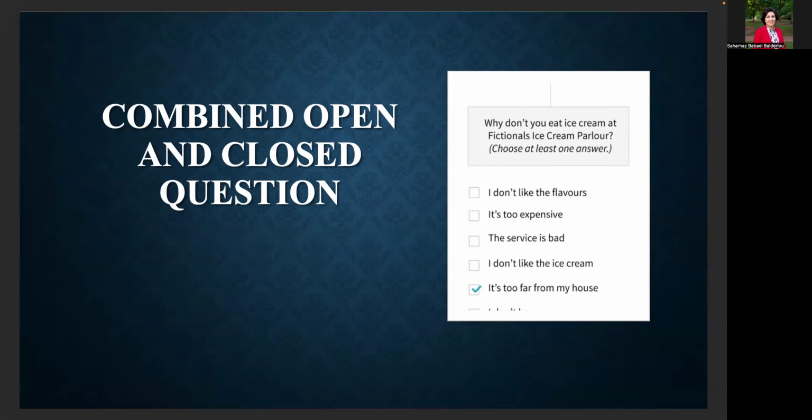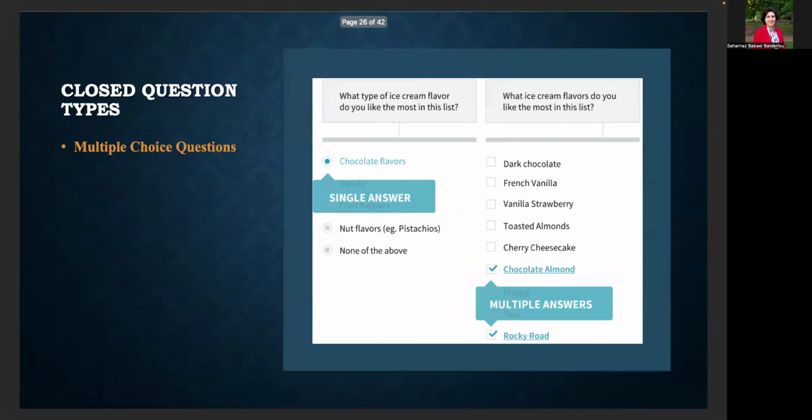Some questions blend both styles, offering preset options along with an other field where respondents can elaborate. These provide structured data while still allowing additional insight. Multiple choice questions are the most common form of closed-ended questions.